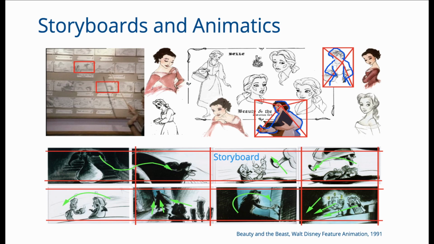After all this planning is done, so remember, all this is planning. After all this planning is done, the actual animation frames are sketched by hand, where the backgrounds will be sketched separately, the characters will be sketched separately, then they will be composited together, and the result is that you get to see an animation that looks like this.